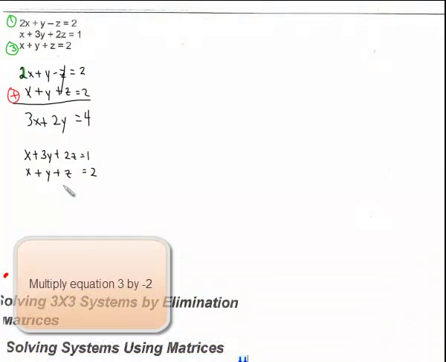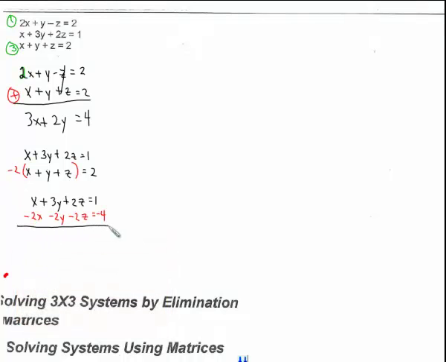Again, I want the z's to cancel so that I have x plus y. So if I multiply equation 3 by negative 2, that will work. So now when we draw our line and we combine, the z's will cancel. And I get negative x plus y is equal to negative 3.